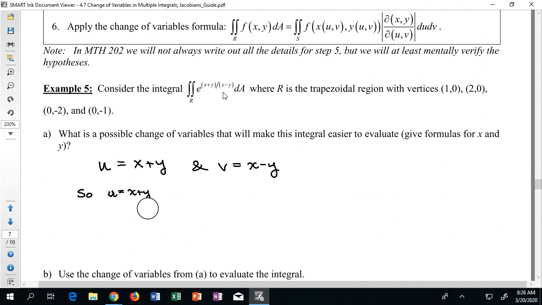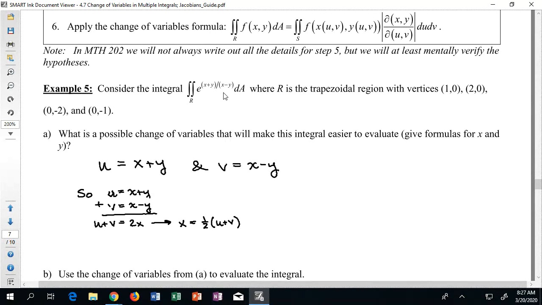So if I have these two formulas, notice that if I added them together, I would get that u plus v is equal to 2x, which of course then means that x is equal to a half of u plus v. Okay, that's kind of great.